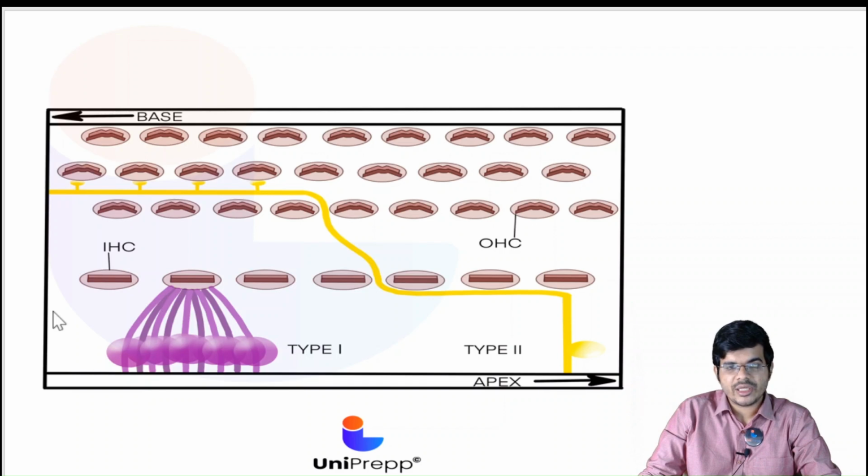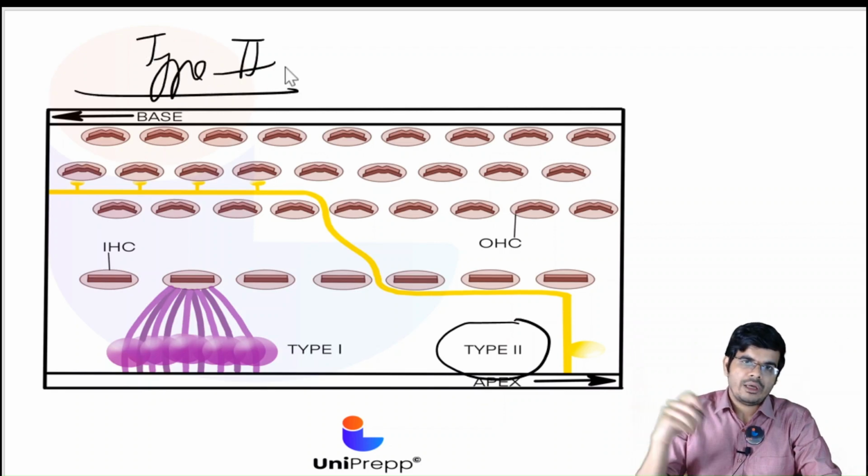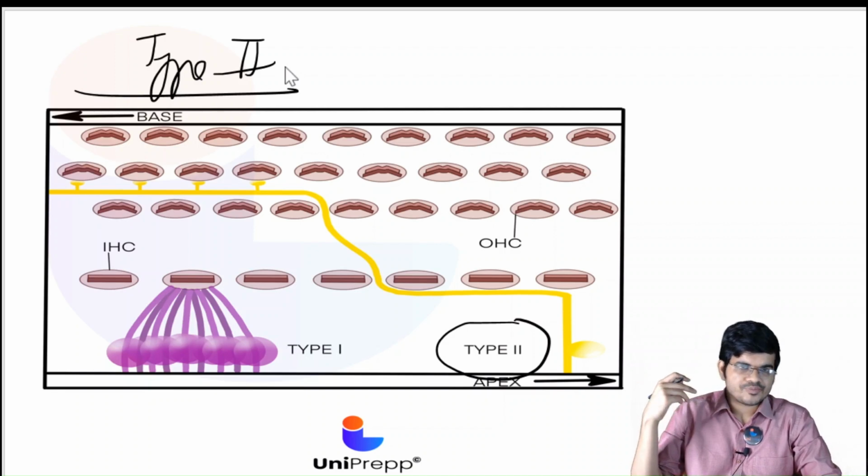In this picture you can see that one nerve fiber is going to innervate multiple outer hair cells, and that one nerve fiber is the type 2. I already told you the type 2 hair cells in the labyrinth, the semicircular canals and the utricle and saccule, are similar to the outer hair cells, right?